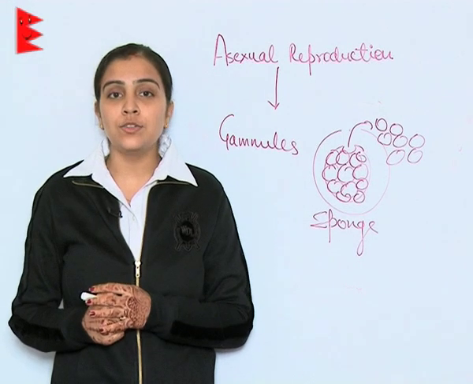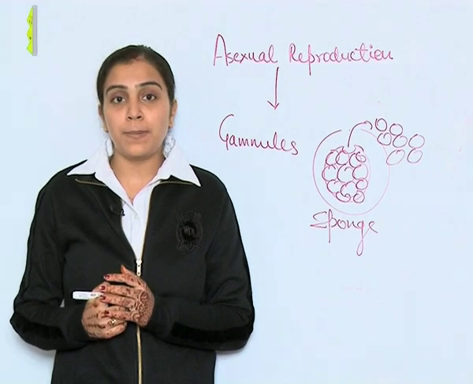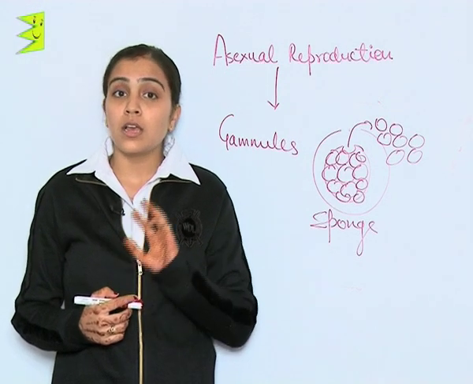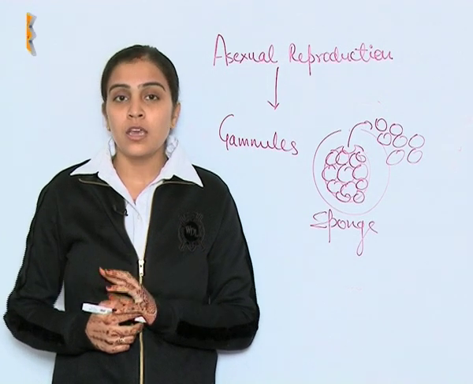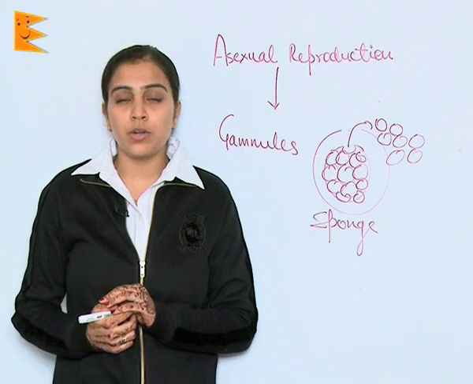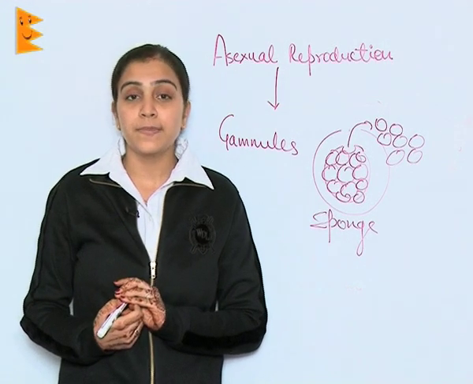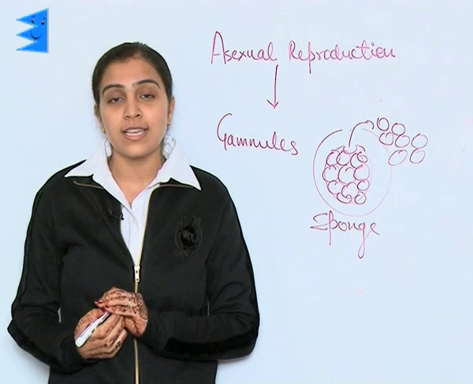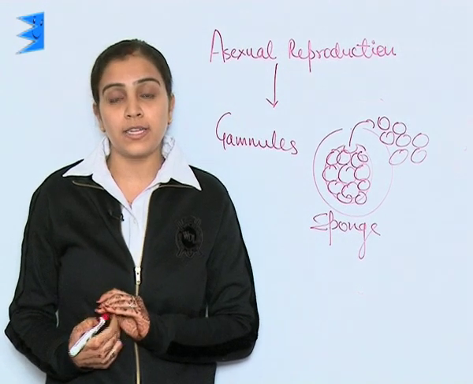Now I would like to know, if plants are reproducing through one parent only, will it be called asexual reproduction or won't it be? Yes guys, it is asexual reproduction because it involves one parent only.